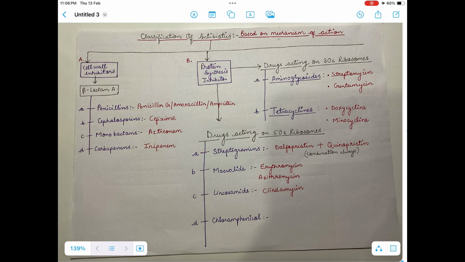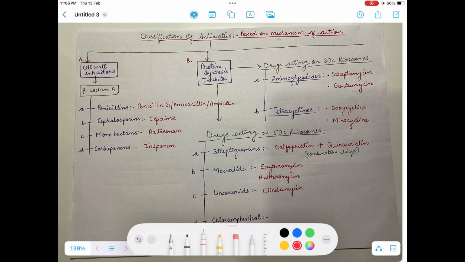So today we are here with another topic, that is antibiotics. And in this video we'll be discussing the classification of antibiotics. As you can see, antibiotics are basically classified on the basis of mechanism of action. So it is divided into groups. First is the cell wall inhibitors.